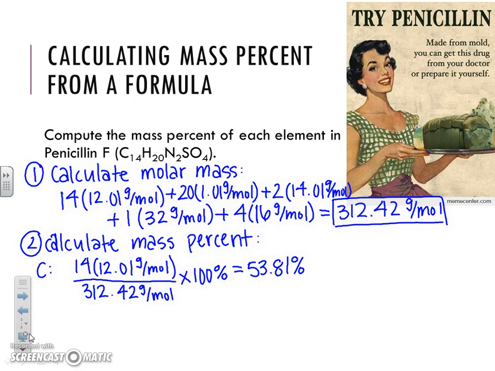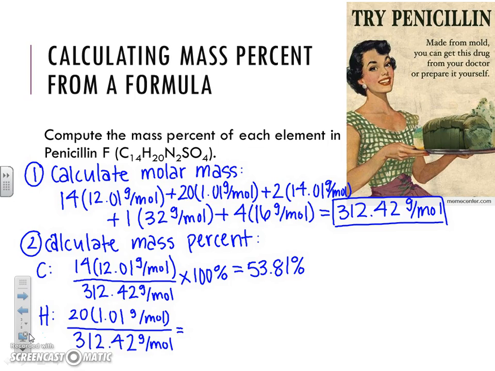The next element that we're going to look at is hydrogen. There's hydrogen, and we have 20 hydrogens, each with a mass of 1.01 grams per mole. We'll divide that by 312.42 grams per mole.